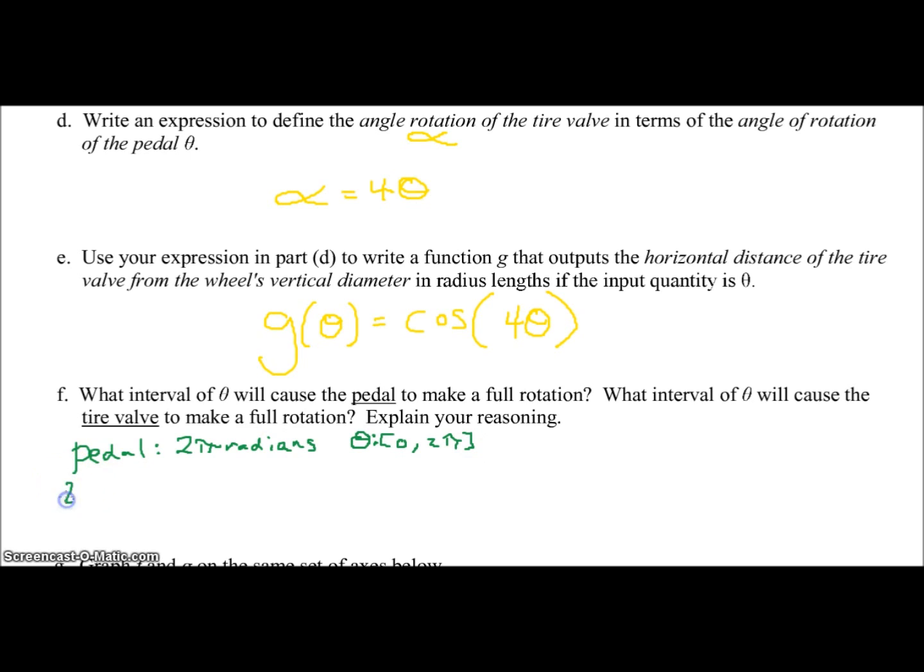But for the tire valve, that angle we're calling alpha, and alpha is equal to 4 theta. So for alpha, the interval will be from 0 to, I don't know, what would that be? Let's think about it. We know that alpha, if we go from 0 to 2 pi radians, that'll be 1 full revolution.